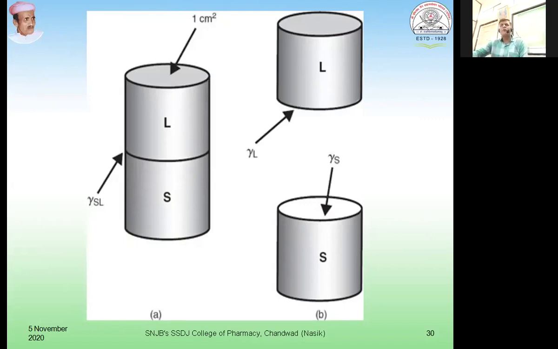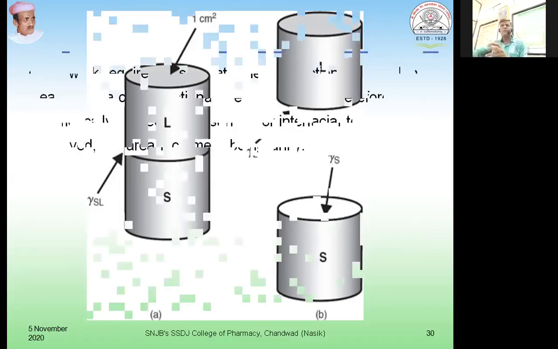So while doing this, we are creating two different surfaces with two new surface tensions, that is YL and YS. So total work of adhesion which is being done by us is we have created two new surface tensions, YL and YS, breaking down the interfacial tension which was existing between spreading liquid and sublayer liquid.